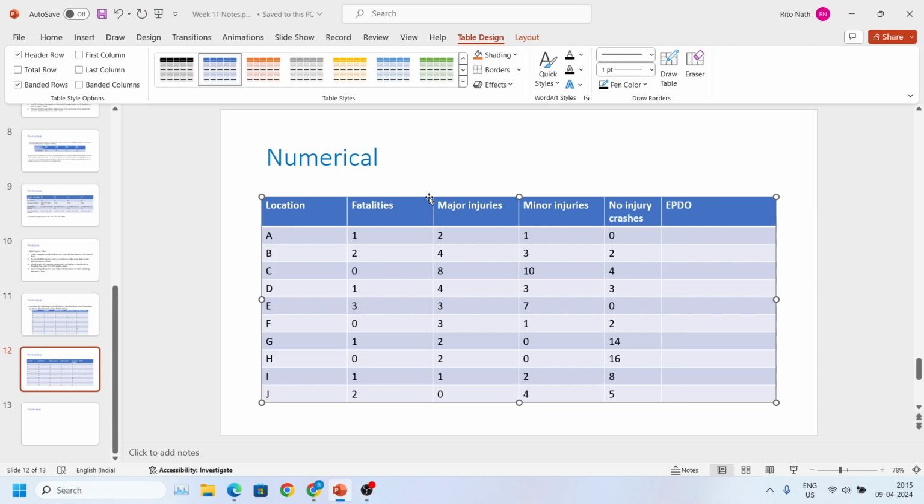So finding EPDO is not that difficult. You just have to take the weighted sum of those things.